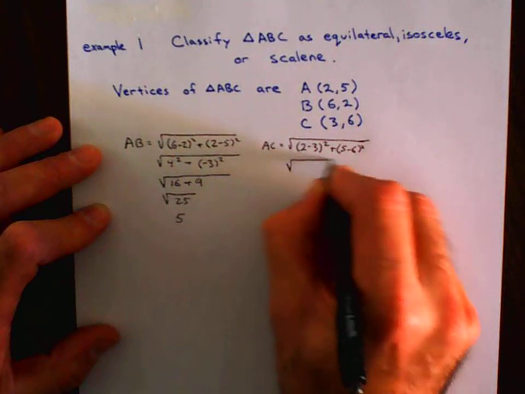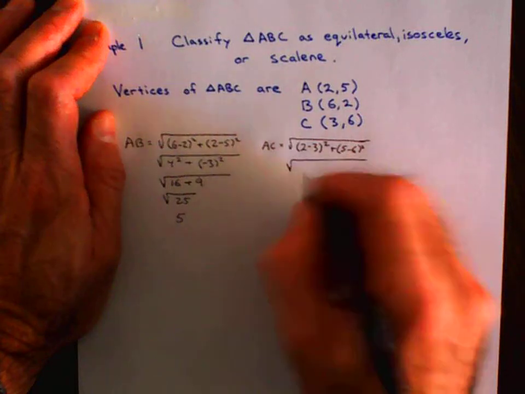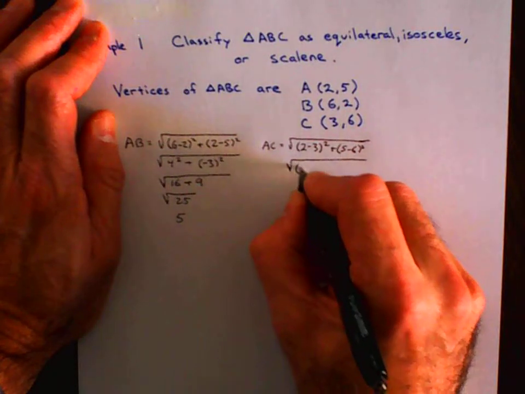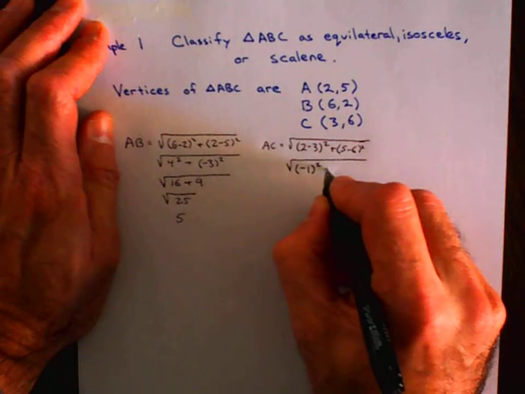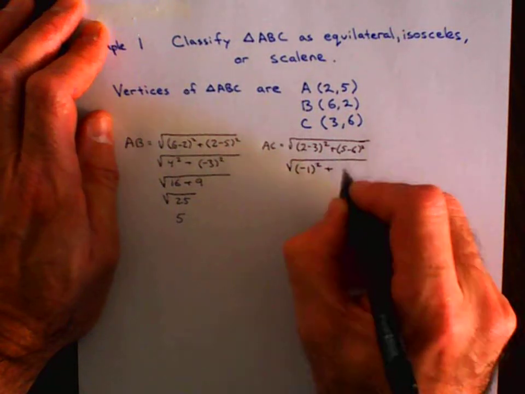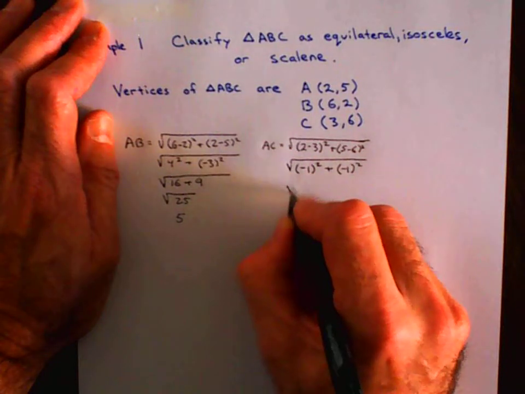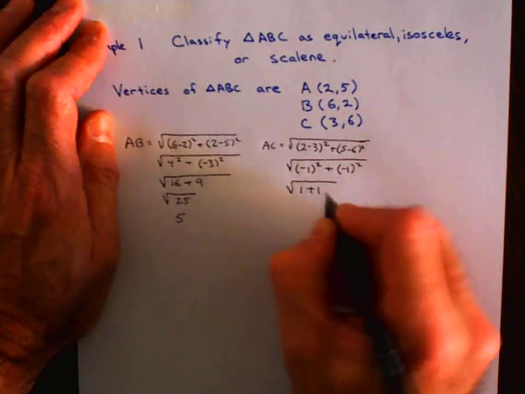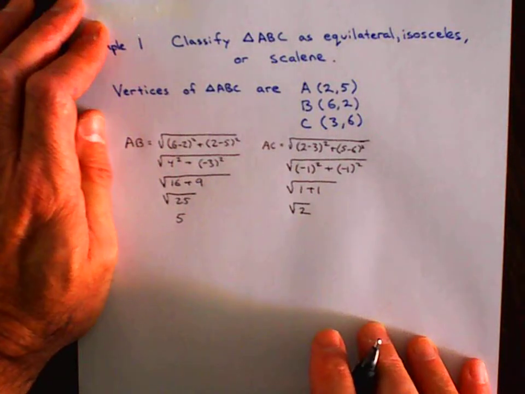Remember, the order is really not going to make a lot of difference, because once we get done with it, we get negative 1, we square it, and it's going to be positive regardless of whether that's negative or positive. 5 minus 6 is a negative 1 again. We have the square root of 1 plus 1, which is the square root of 2. I'm going to leave it as that so it's exact.